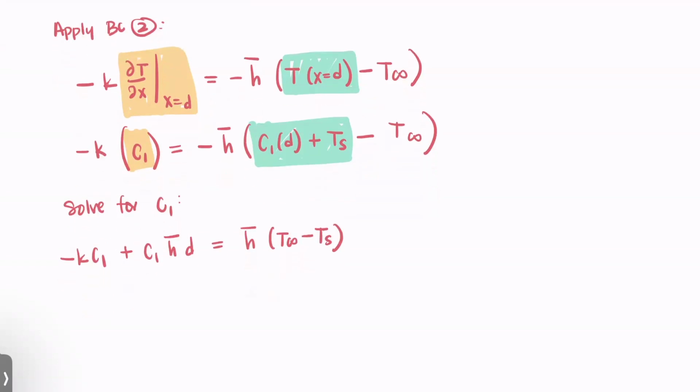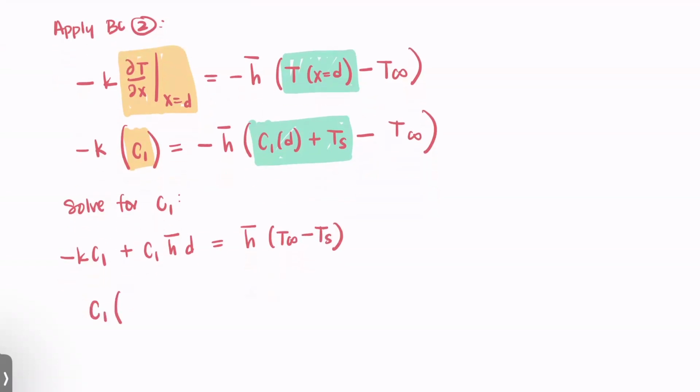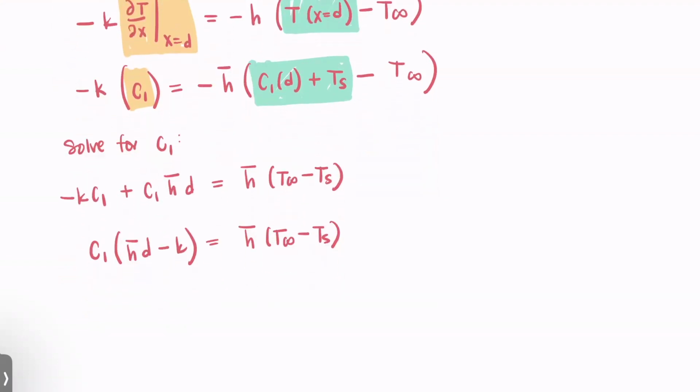I'm going to factor out the C1 from the left-hand side. So I have h bar d minus k is equal to h bar times T infinity minus Ts. So C1 is h bar times T infinity minus Ts, divided by h bar times d minus k.